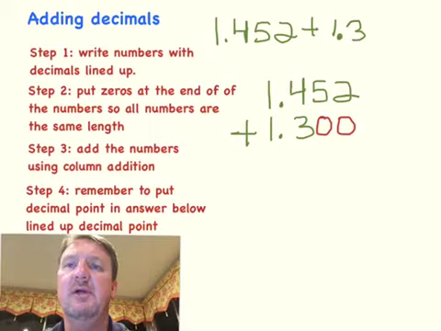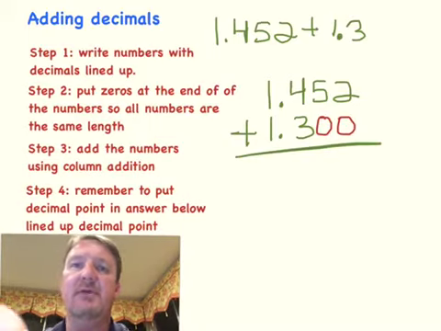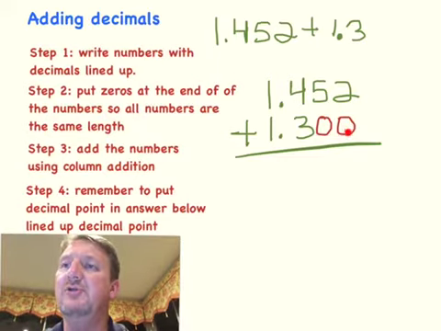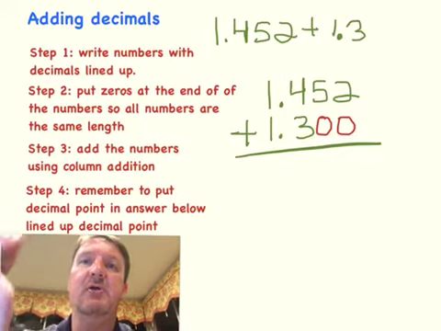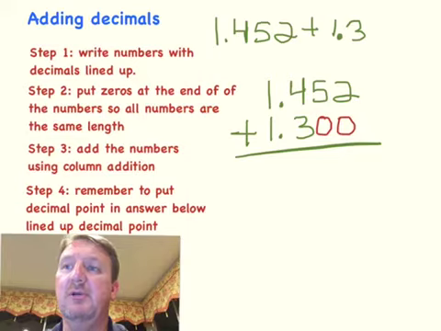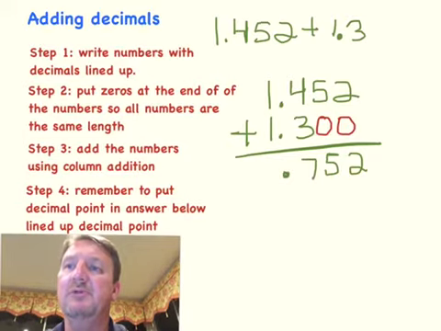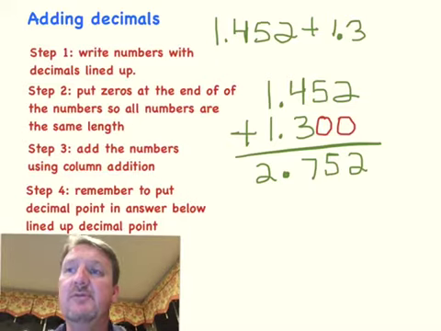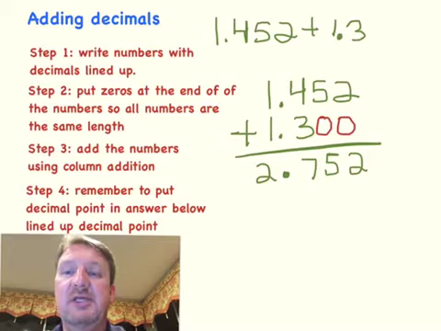Now the 2 is over the 0, the 5 over the 0, the 4 over the 3, the decimals are lined up, and 1 is over the 1. Now I can solve this. 2 plus 0 is 2, 5 plus 0 is 5, 4 plus 3 is 7. Bring my decimal down. 1 plus 1 is 2. So my answer to 1.452 plus 1.3 is 2.752.